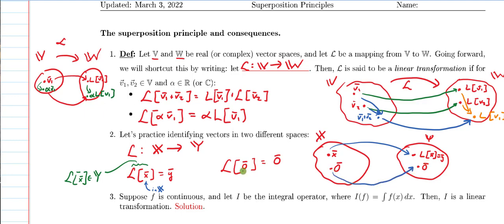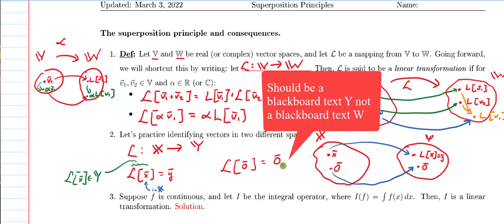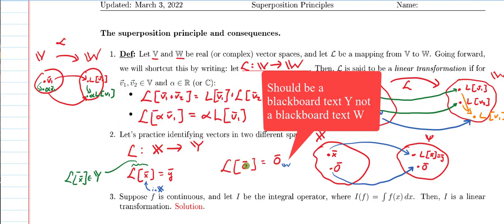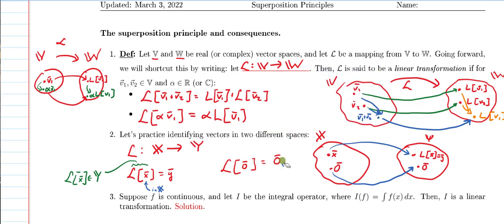Okay. So in this case, it's understood that this 0 vector lives in vector space Y because it was the result of having done the linear transformation to something that I assume is in the domain vector space. I put X and W, I'm sorry folks, this should be Y and this should be X. So this is understood to be the 0 vector in the domain vector space because I'm taking the linear transformation of that vector.